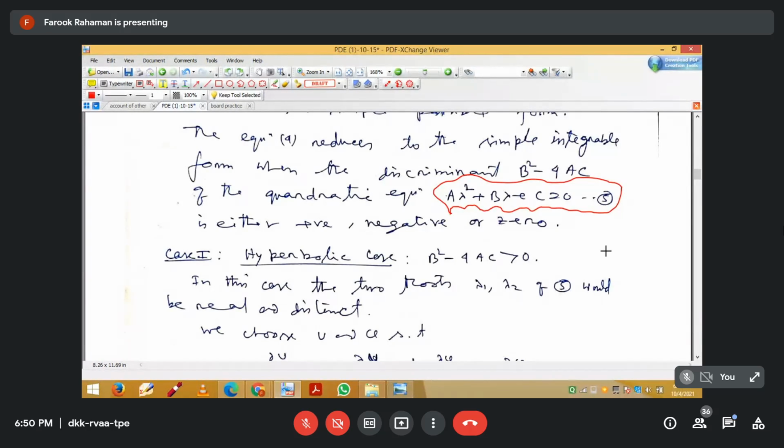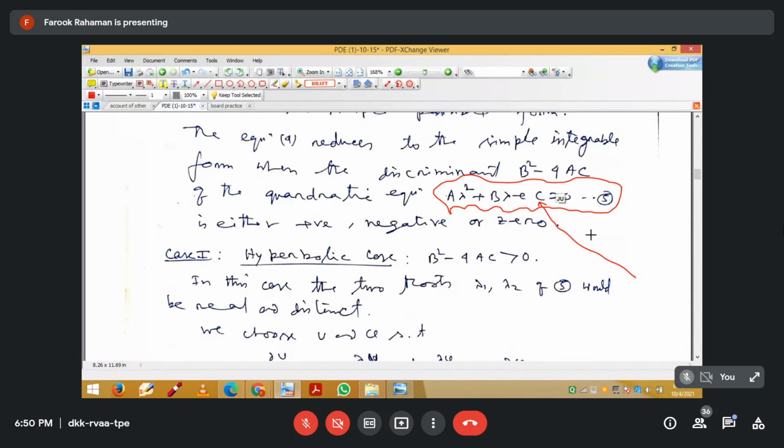Okay, fine. Now from the given equation one can easily construct the second degree polynomial equation, that is a lambda square plus b lambda plus c. Since this is a quadratic equation, one can easily find the discriminant.